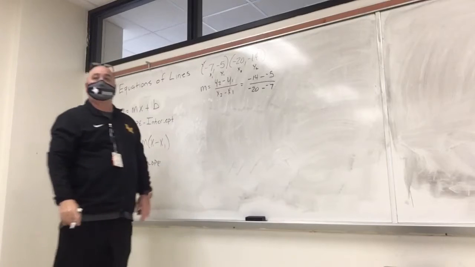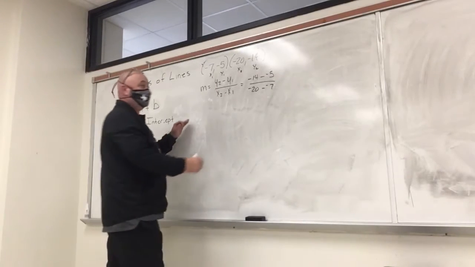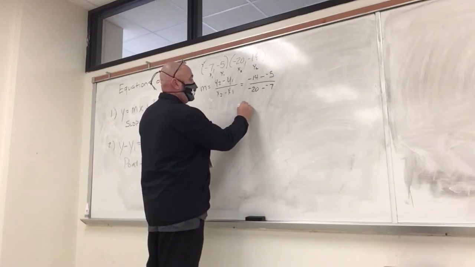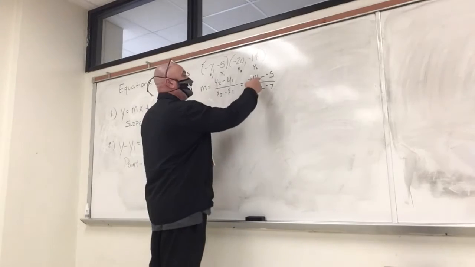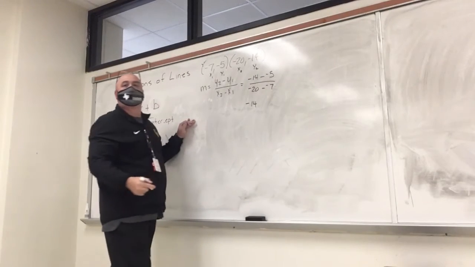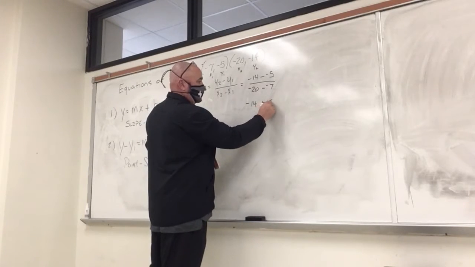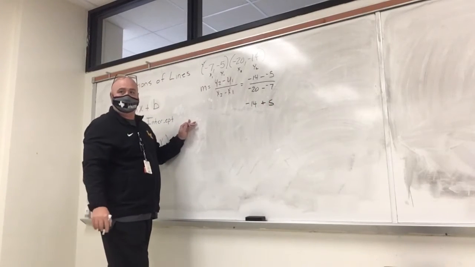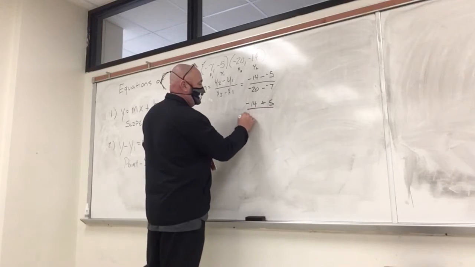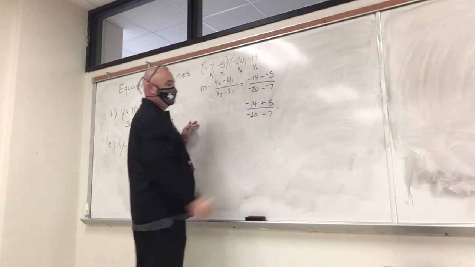Now, I'm going to rewrite that, and I'm going to change it. It becomes -14 minus a negative becomes plus a positive, or just plus. That's the rules. Divided by -20 plus 7.